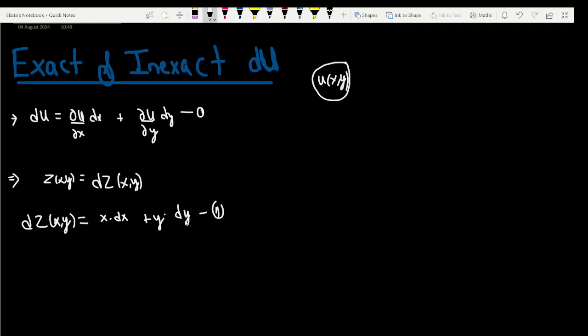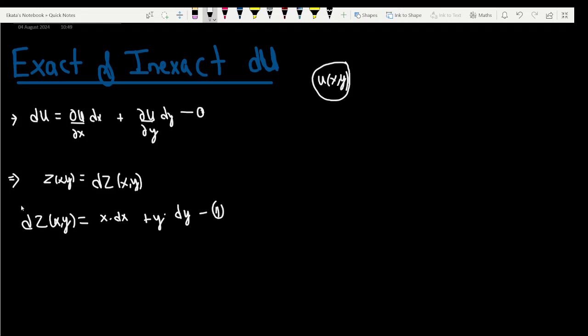So how can I classify this particular differential as exact or inexact? Suppose someone asks you to find the particular function z(x, y) from this differential, that is, to find the function from which that differential is obtained. How can you do that? There is a very simple way.